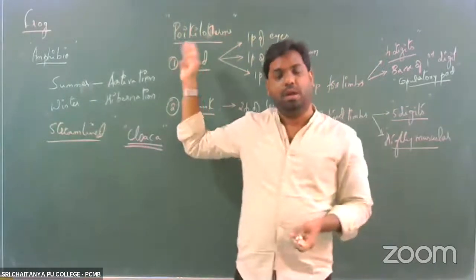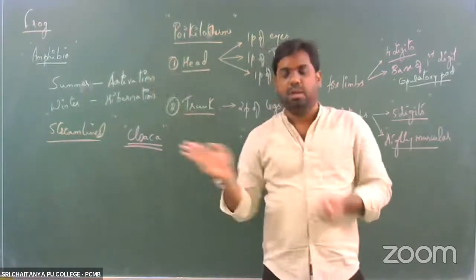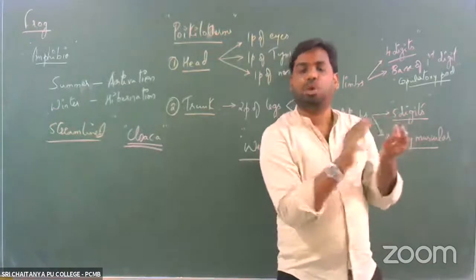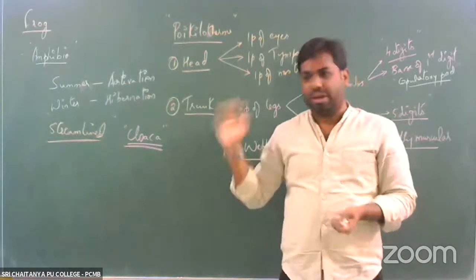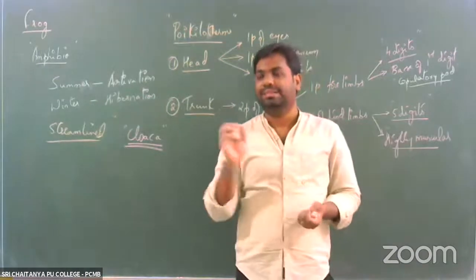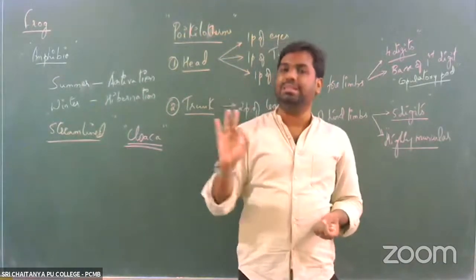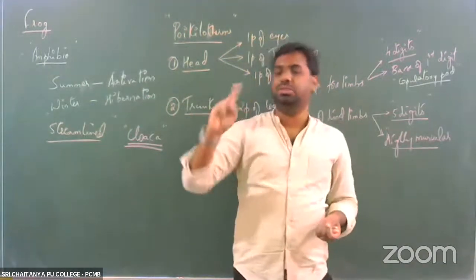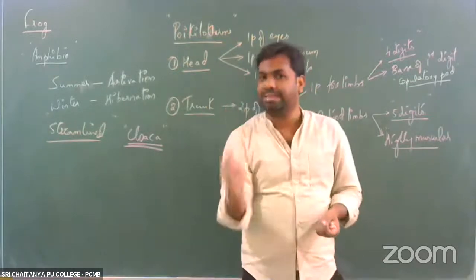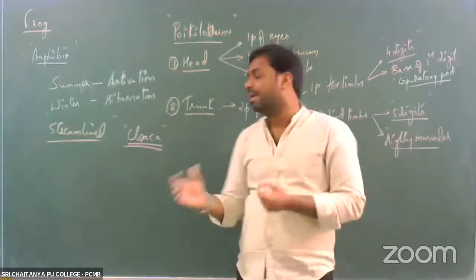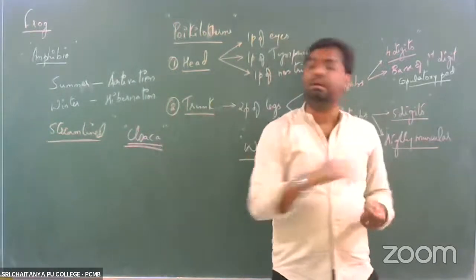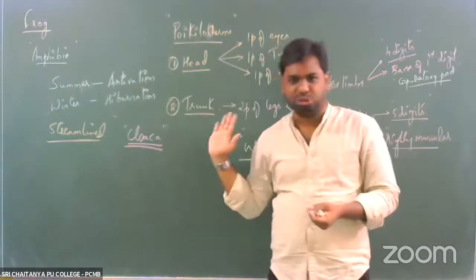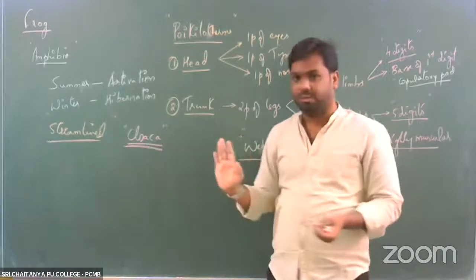They are unisexual organisms. The passage of gametes also occurs through this common opening, the cloaca. So that's the reason why we say the cloaca is the common opening for 3 systems: the digestive system, the excretory system, as well as the reproductive system. It is one of the characteristic features present in the posterior end of the trunk of the adult frog. Right. So this is what we have with the cloaca.